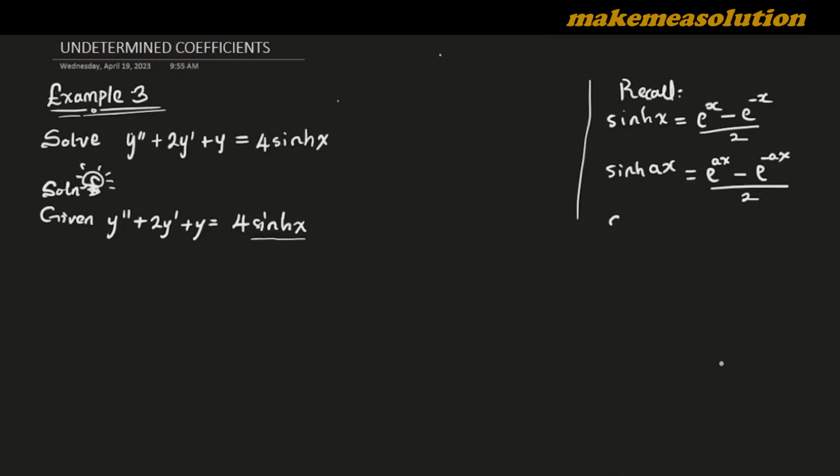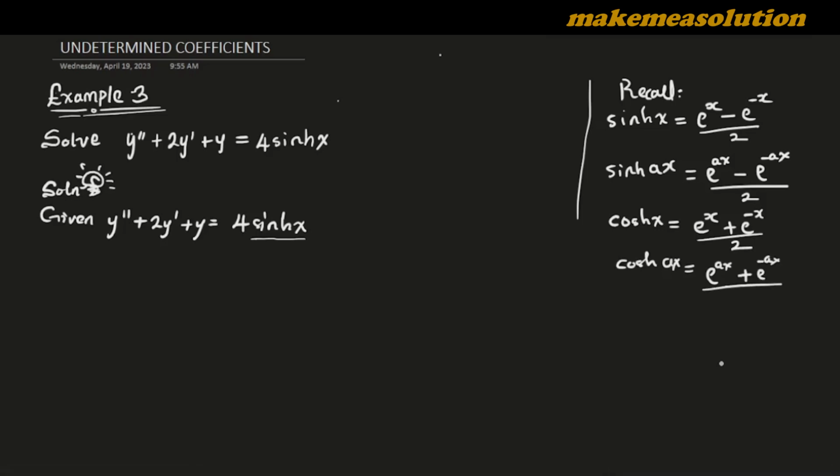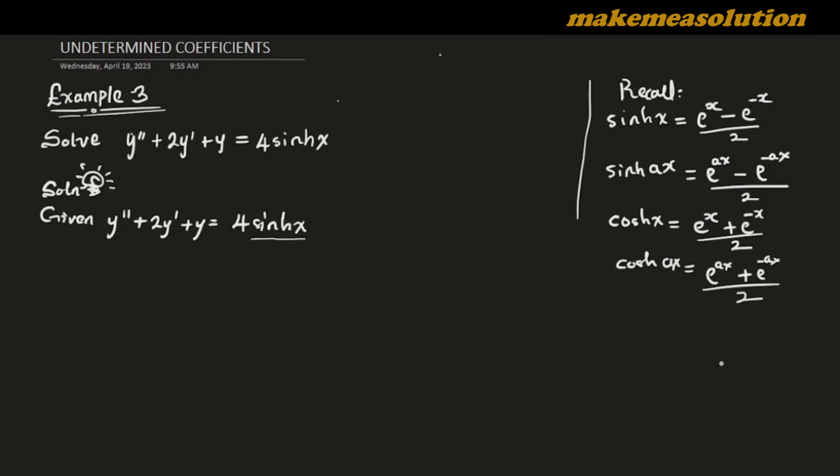So when you have cosh x, for instance, it is exponential x plus exponential minus x over 2. Similarly, when you have cosh ax, we're going to have exponential ax plus exponential minus ax over 2. So these are identities that will be handy when you're dealing with hyperbolic cases.